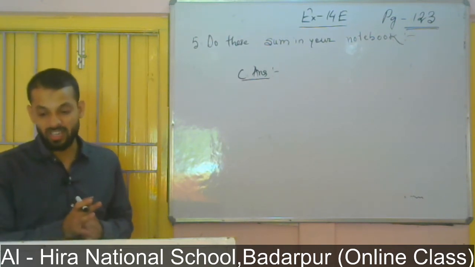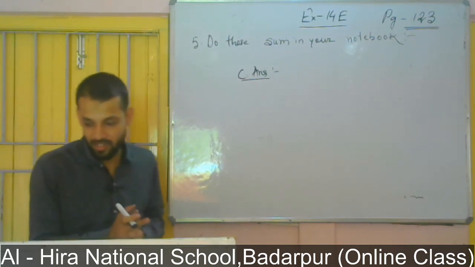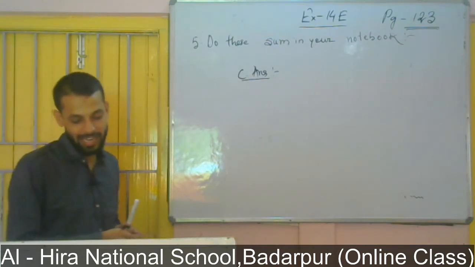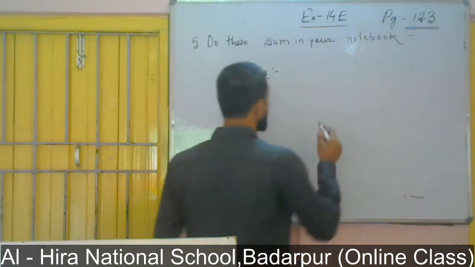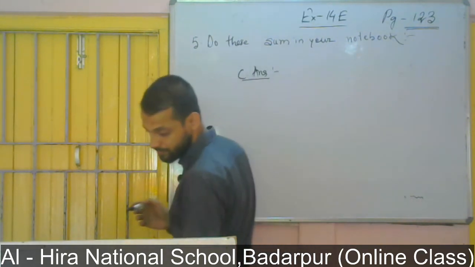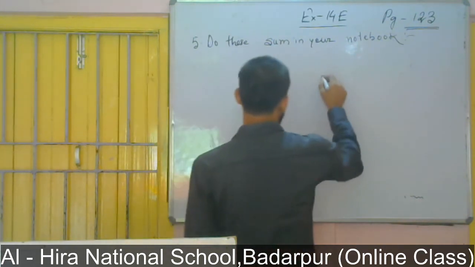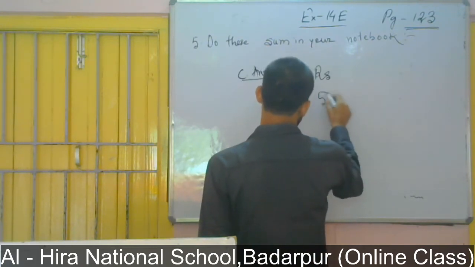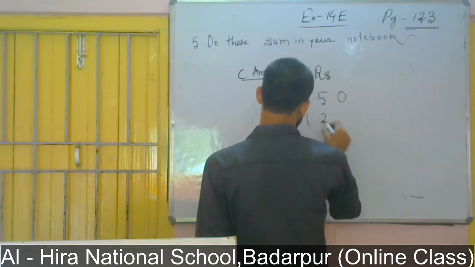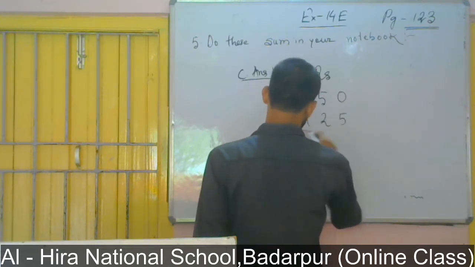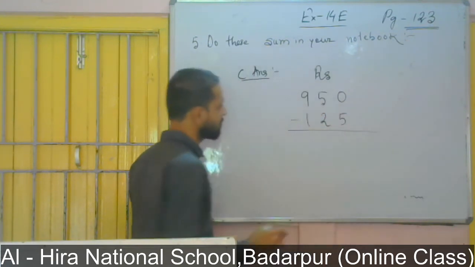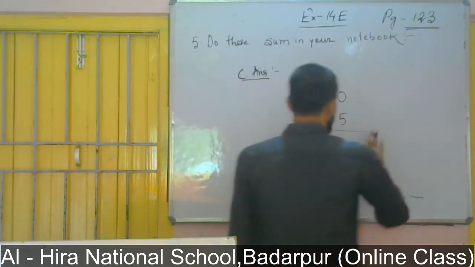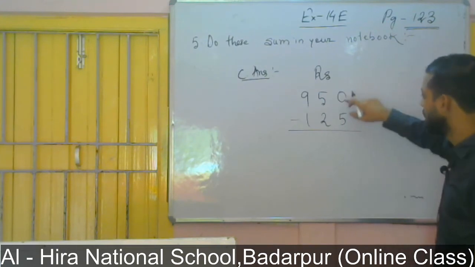Okay, so if we subtract 125 from 950, we'll get the price of Lina's sari. Now, we know that we cannot subtract 5 from 0.